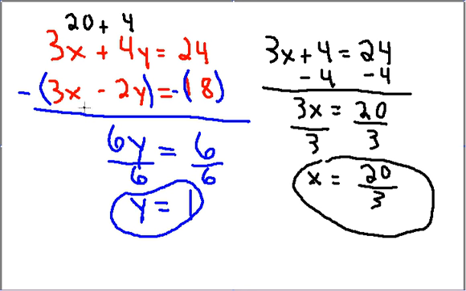Stick this down into the second equation. 20 over 3 for x. Well, what is 20 over 3 times 3? 20 over 3 times 3 is just 20. For our y value, we have 1. What is 2 times 1? It's 2, but this 2 is being subtracted here.